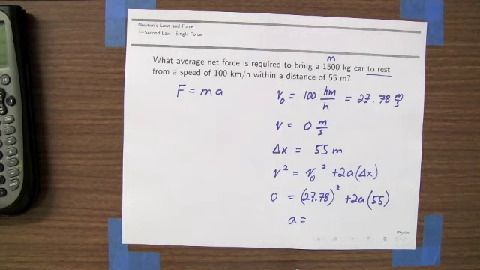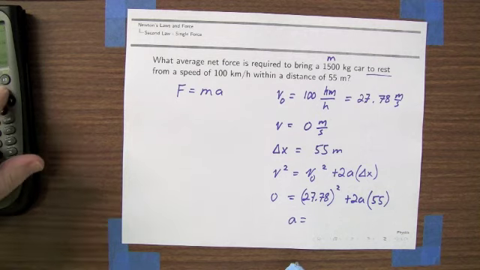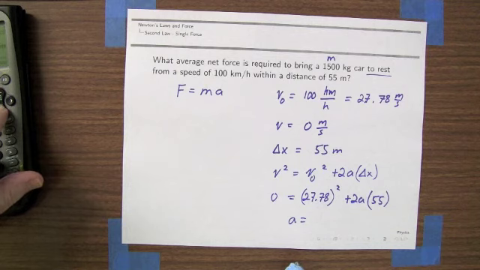Right. I got 7. Which one seems reasonably true? Your answer? Let's double check. I got 7. Square it. Take it to the other side. Divide by 2. Divide by 55.